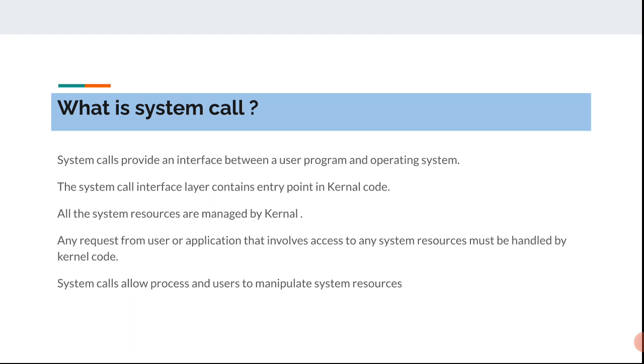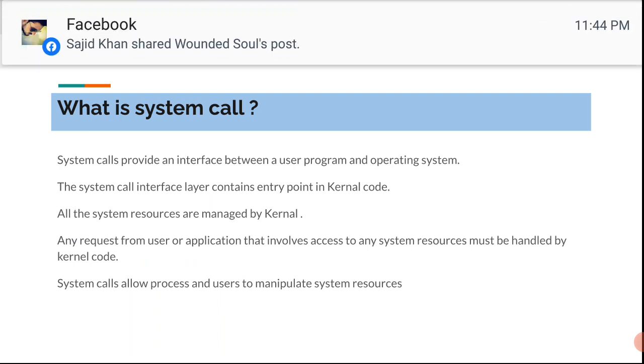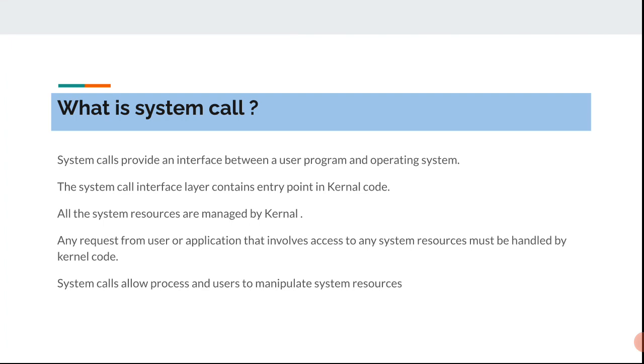Any request from the user or application that involves access to any system resources must be handled by the kernel code. The kernel manages all the system resources. That is why any call from the system will be managed by the kernel, and why the kernel is so important in the case of system calls.